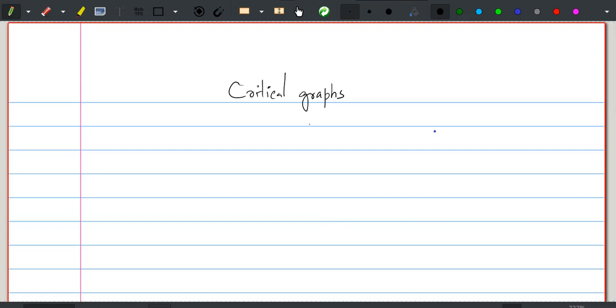So last time we did König's theorem, and this theorem states that a graph is bicolorable if and only if it has no odd cycles.